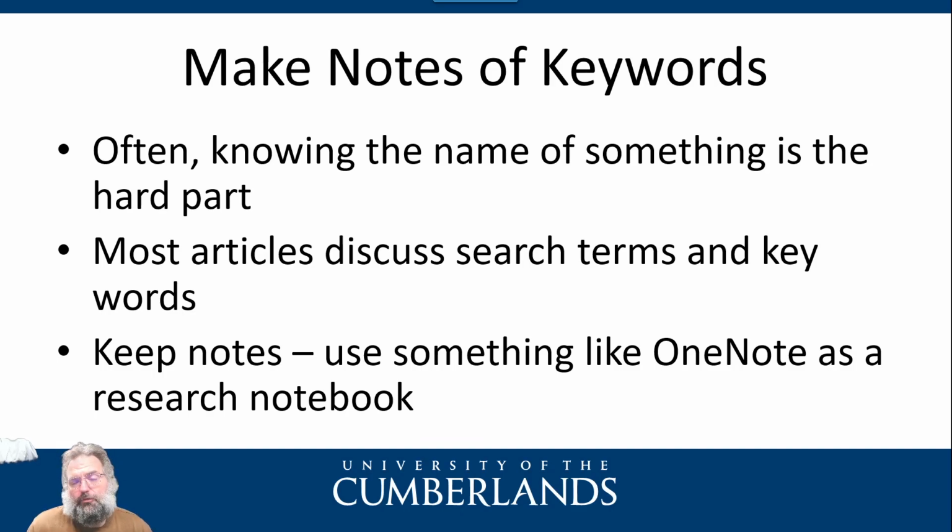Do make notes as you're looking for these articles. You'll see inside of them, there's generally a place where they tell you what keywords should be used essentially to index the paper. This is kind of a predecessor to our full text indexing and searching that we have available to us today.